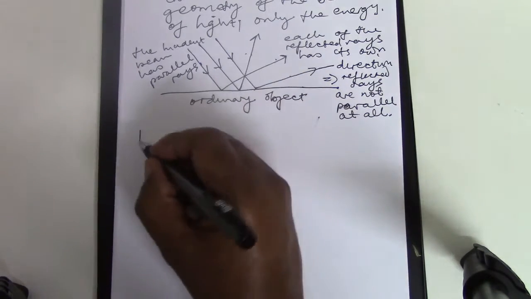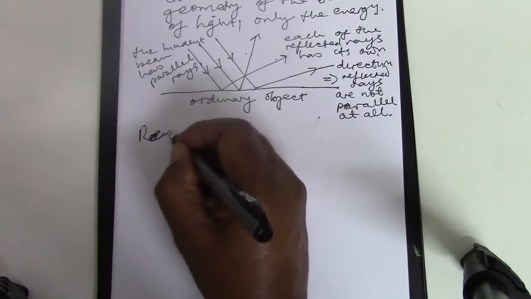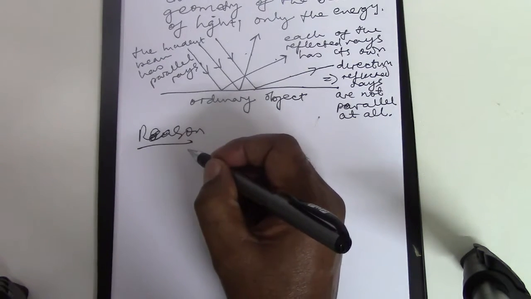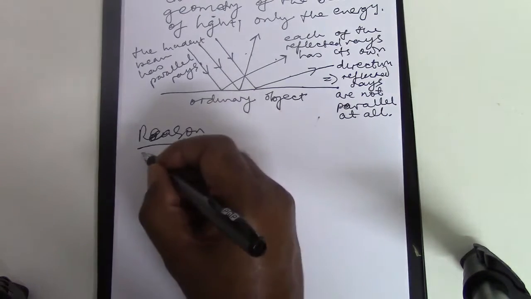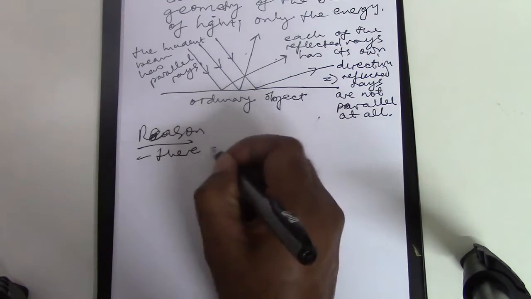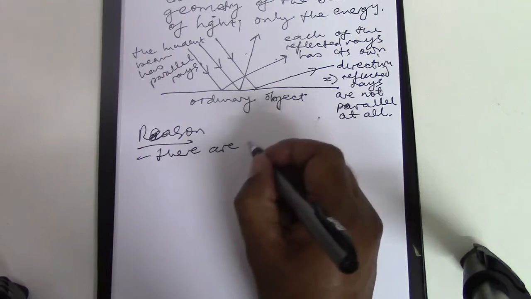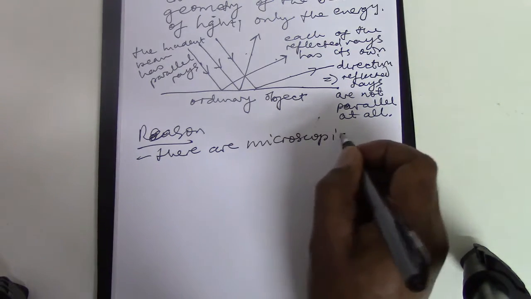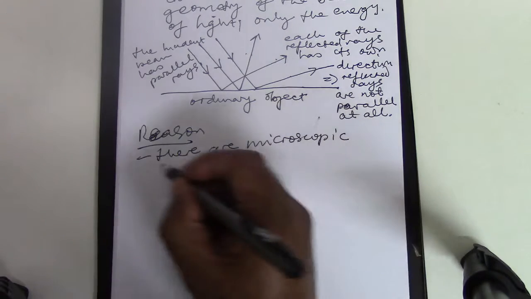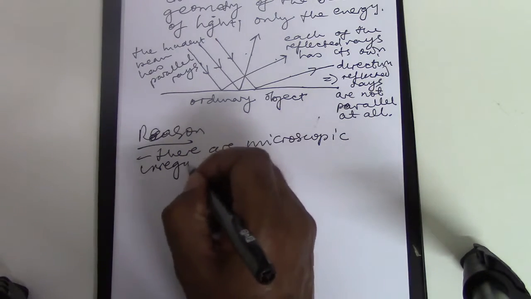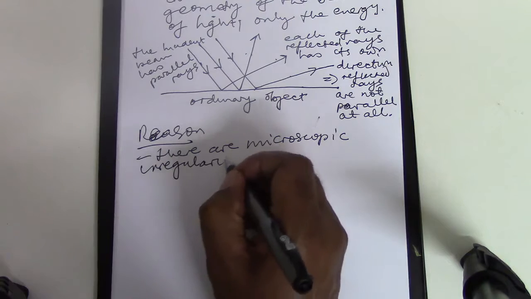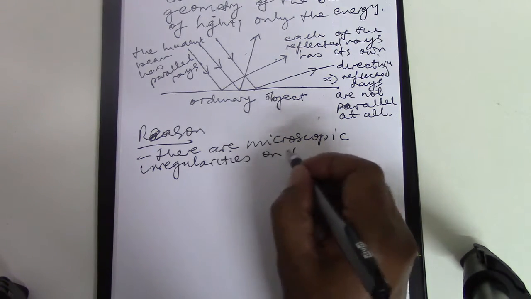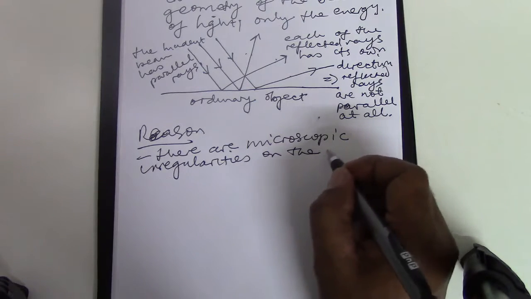Now, why does it do so? Because there are microscopic irregularities on the surface.